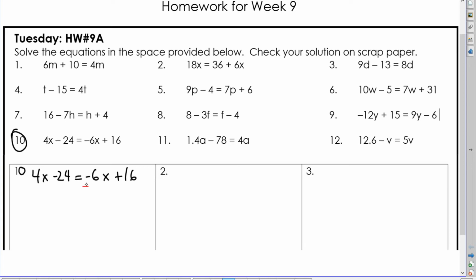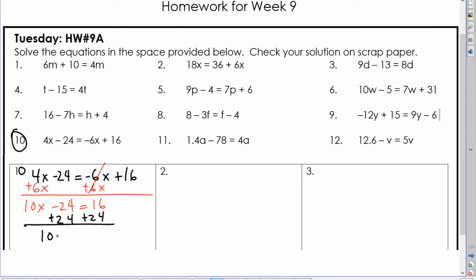So this is my smaller variable term, so I'm going to do the inverse of this to keep my variable positive. 10x minus 24 equals 16. Now I'm going to add 24 to both sides, and I get 10x is equal to 20, 30, 40. Divide by my coefficient, and voila.